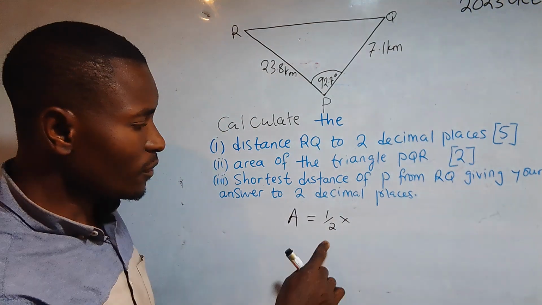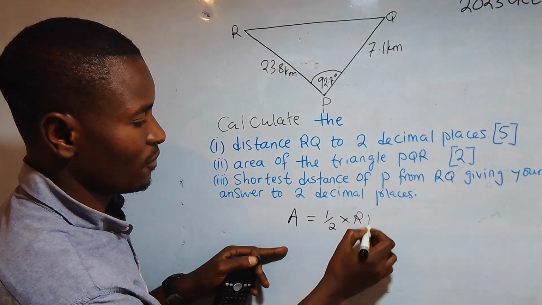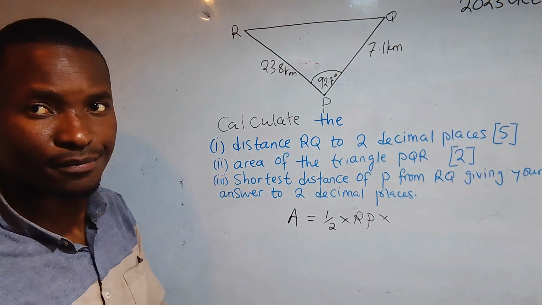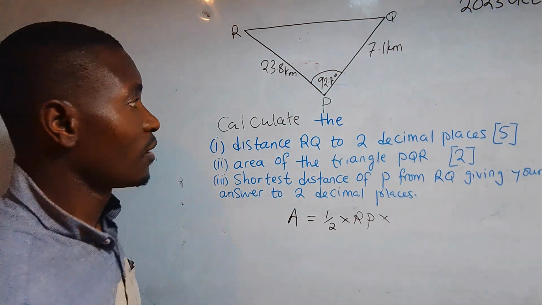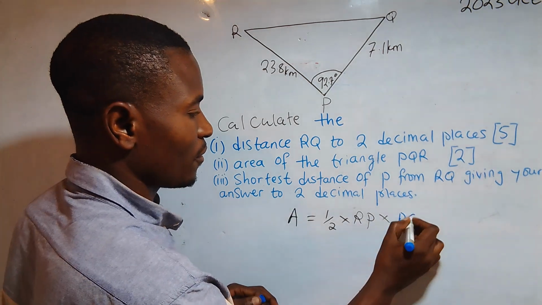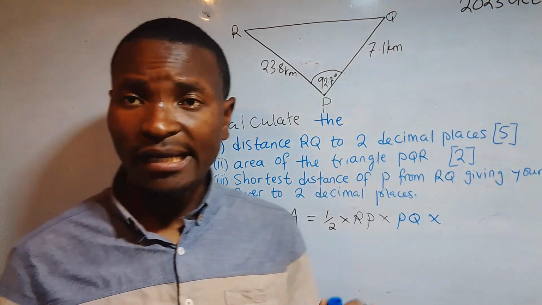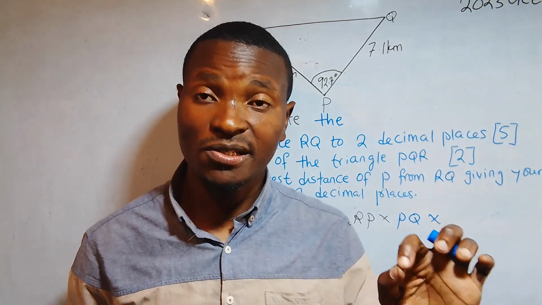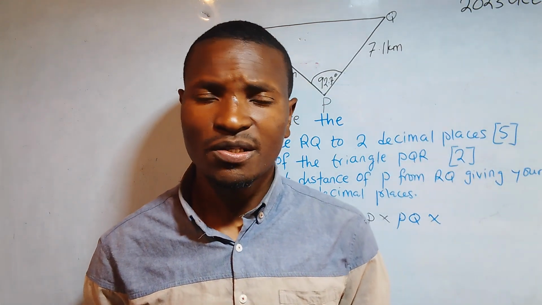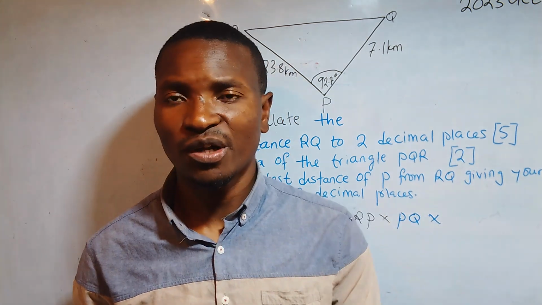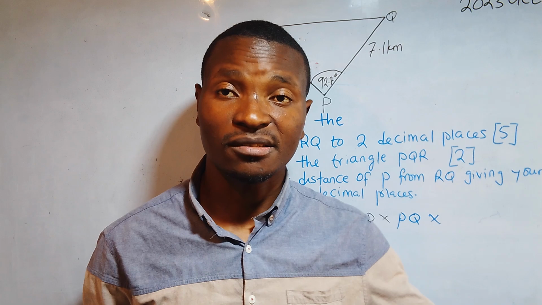So the area is going to be RP multiplied by PQ. Now, under trigonometry, when the triangle is a non-right angle triangle, you have to add the sine function of an angle.